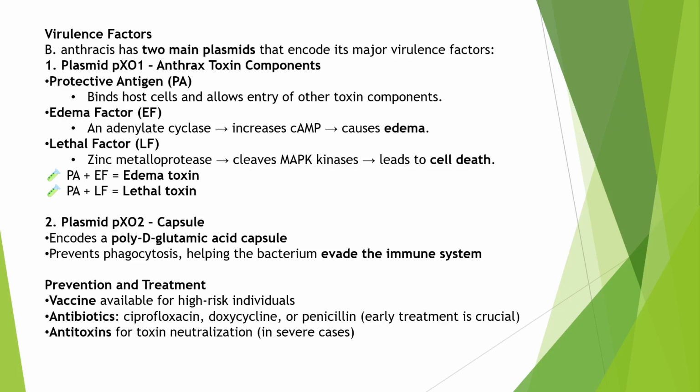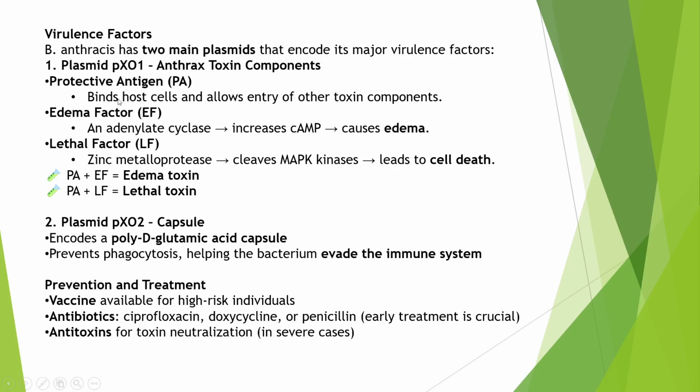Then virulence factors. B. anthracis has two main plasmids that encode its major virulence factors. That is the plasmid pXO1, where the anthrax toxin components are coded: protective antigen PA, edema factor EF, and lethal factor LF.